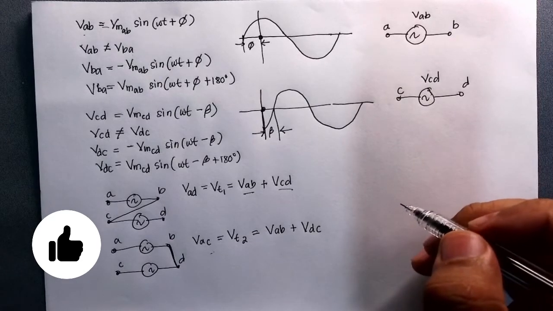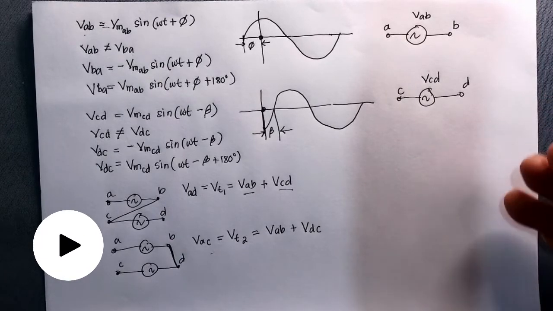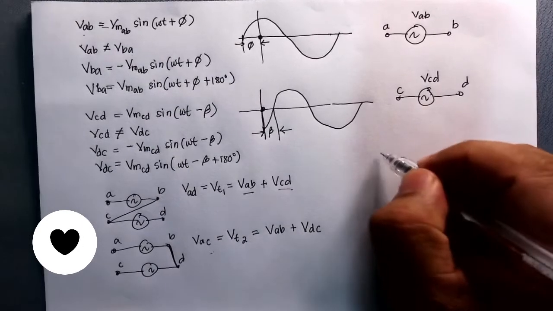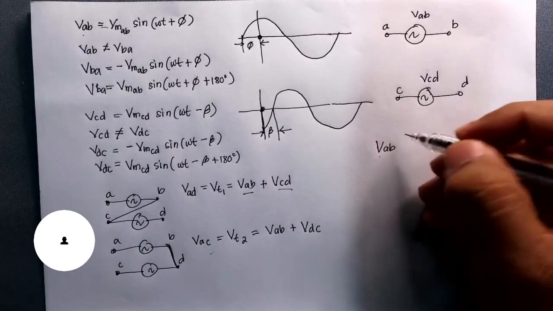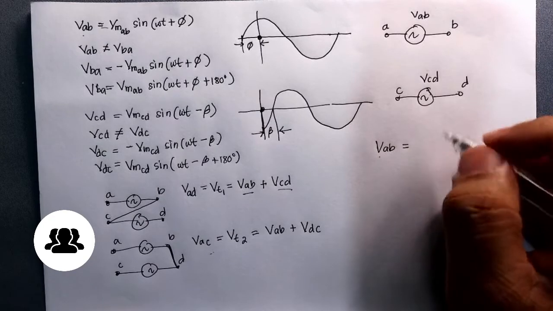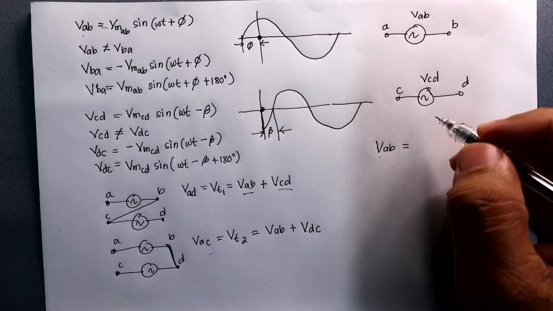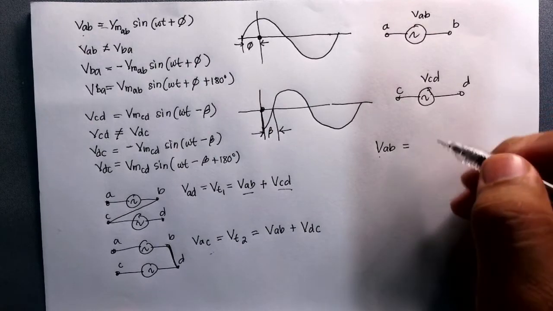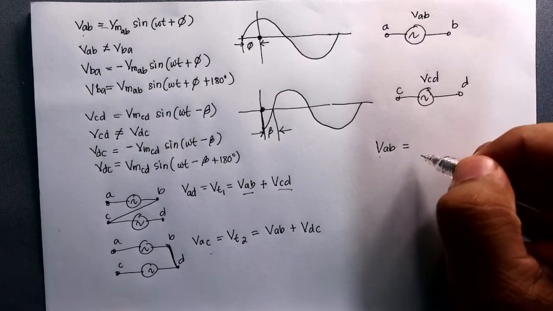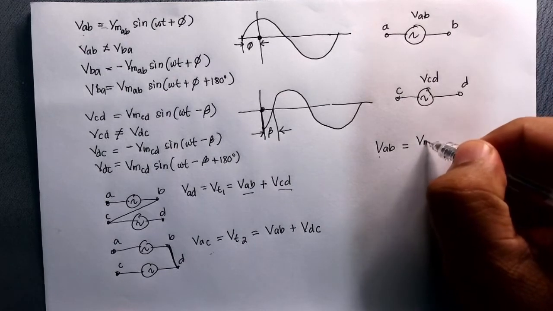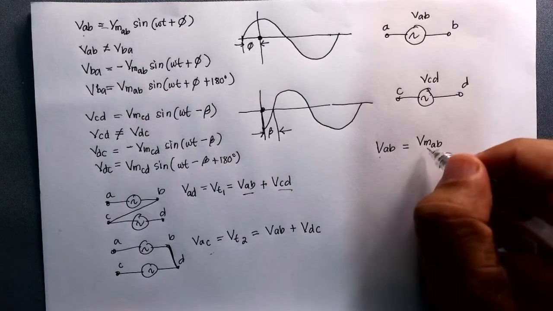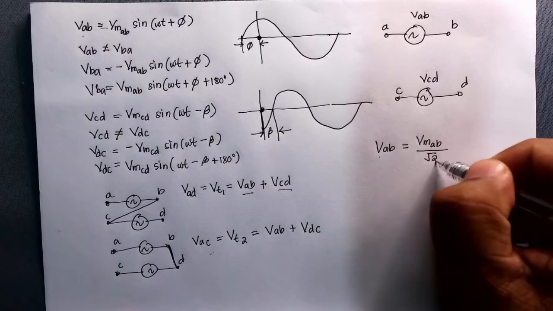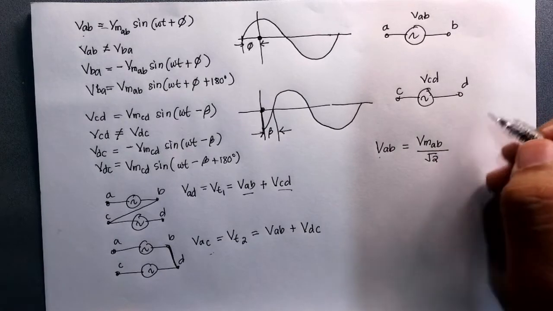Now, your source can also be in RMS value or in phasor form. Our V sub AB, we can convert this into phasor form. And in phasor form, we are using the RMS value. So what is our maximum value for V sub AB? That is V sub M AB. Now, to make this an RMS value, we divide this by square root of 2. Okay?